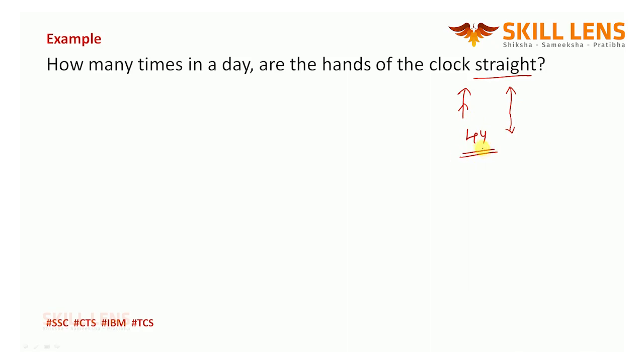We have seen in our first video how it happens. If they mention that the hands coincide or are opposite to each other, then the answer in a day is 22 times. But here we don't know, so we need to consider both and give the answer as 44 times. These types of questions are asked in SSC, CTS, IBM and TCS examinations. Hope everybody understood this question.